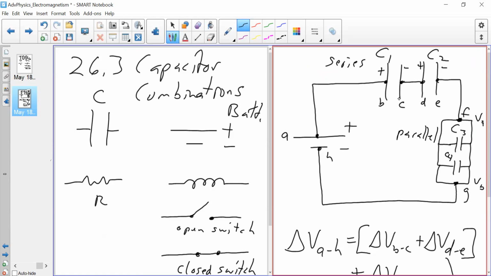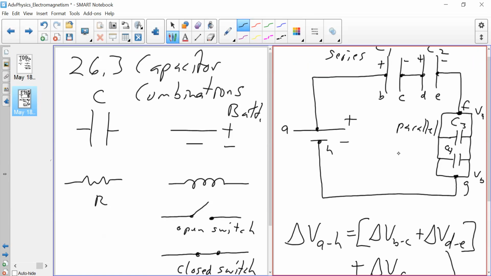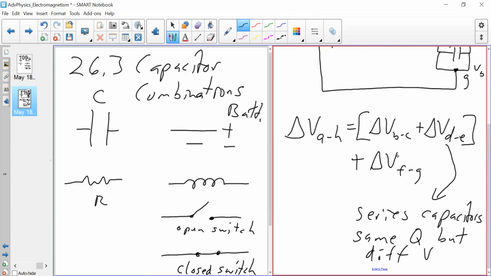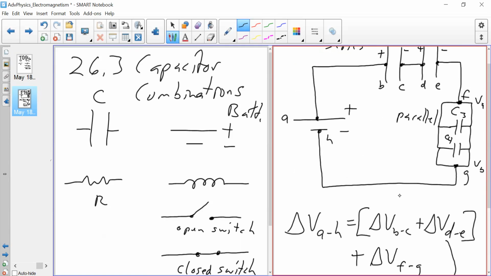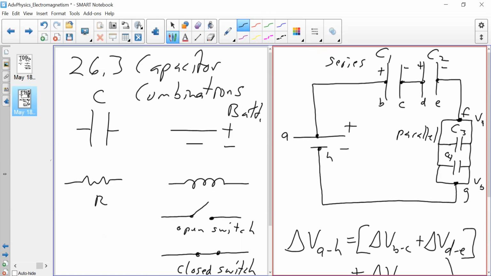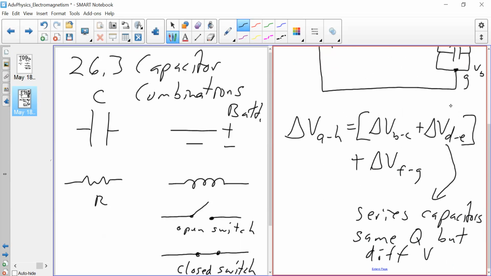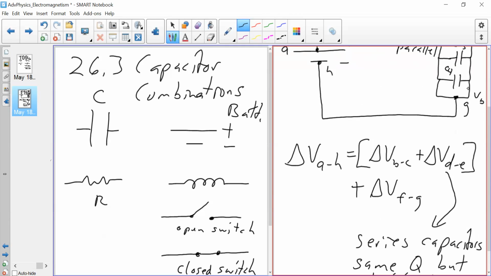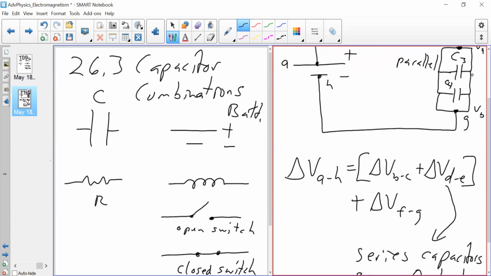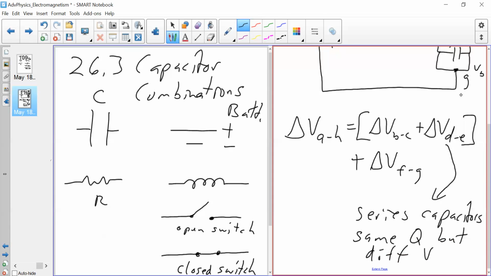So the voltage will be different for those 2 sets of points. So that's what we have for series capacitors. Same Q connected to the same battery, but the voltage is different because they don't occupy the same 2 points. Whereas the parallel capacitors, they share the same voltage points, F to G, but the charges will be different. The charges have 2 different pathways to flow.